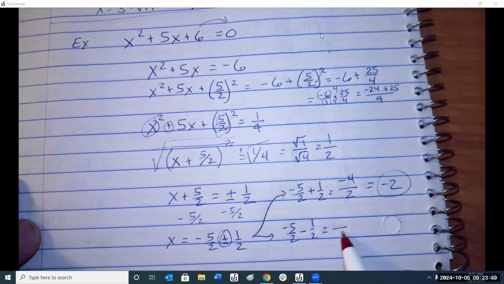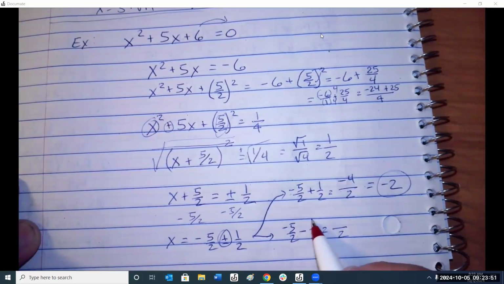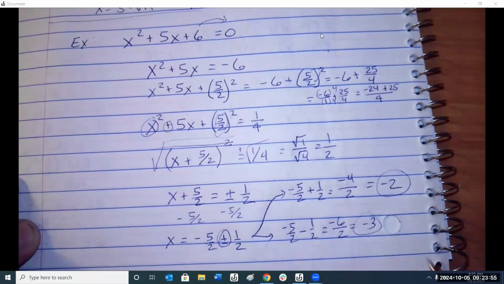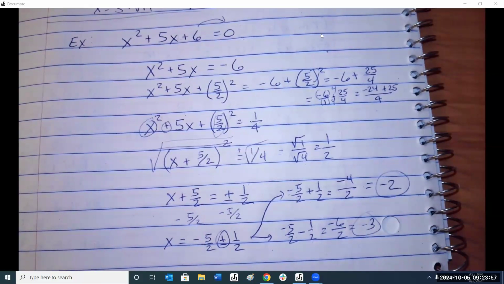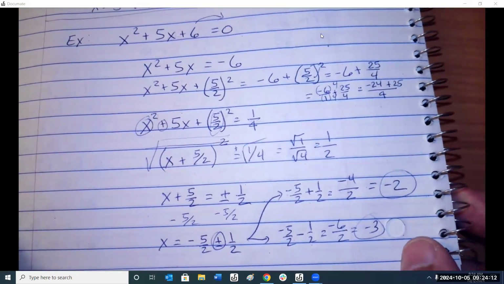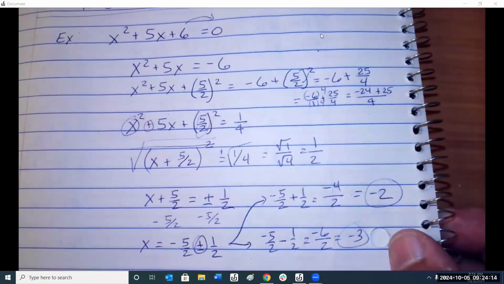On the bottom here, -5 minus 1 is -6, over 2 equals -3. And check your answers, and we'll see those are the right answers. That's what we did previously. All right, now let's look at one where a is not equal to 1.